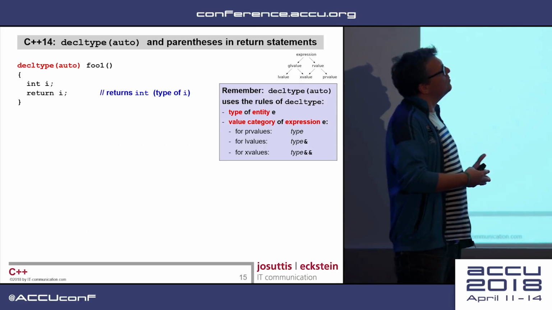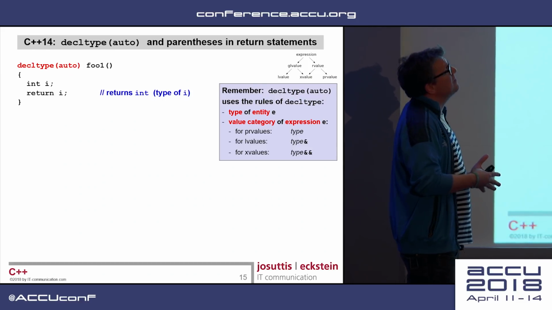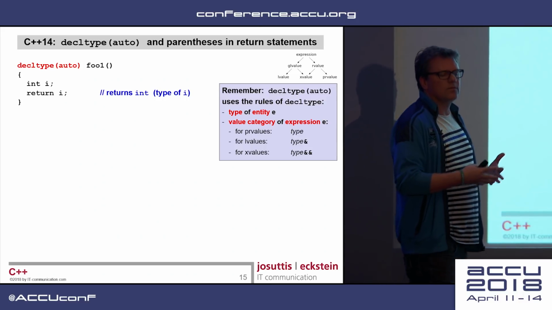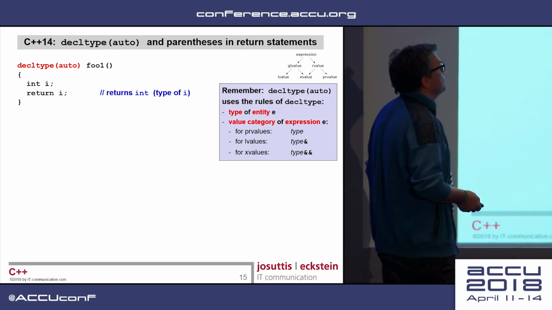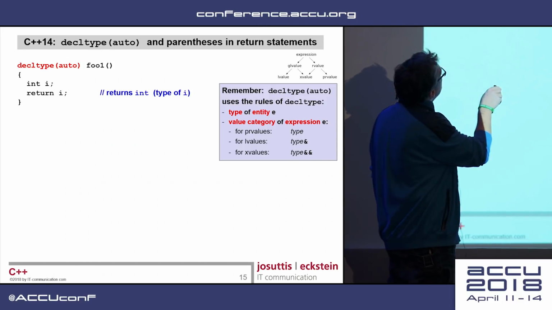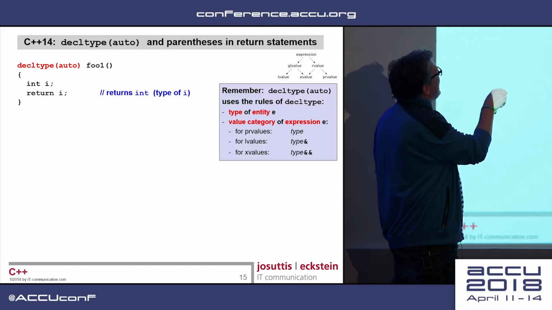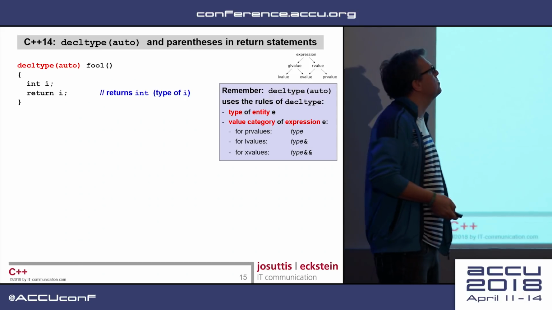decltype(auto) uses the rule of decltype to deduce its type and its value category. Well, I should say it's to deduce its type, and this might happen according to the value category. So if you have decltype(auto) and return by name an object, it takes its type, because that's the rule decltype is implemented.